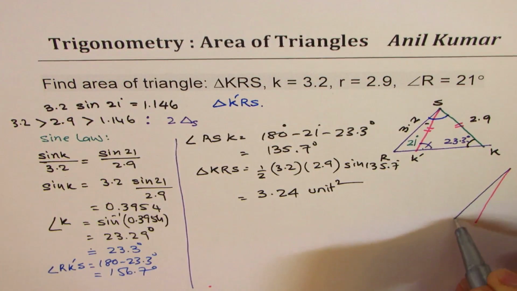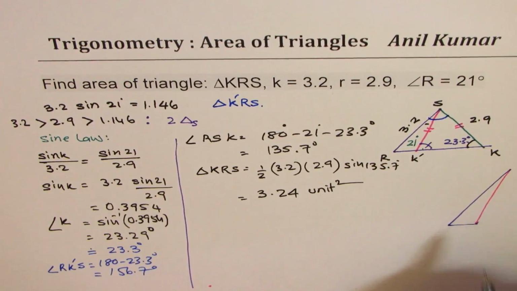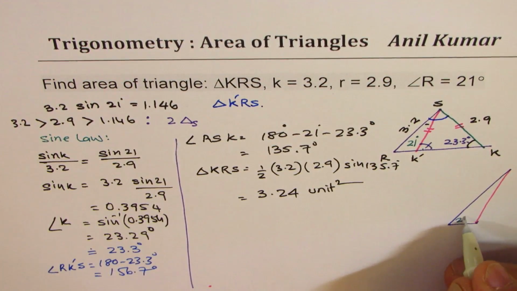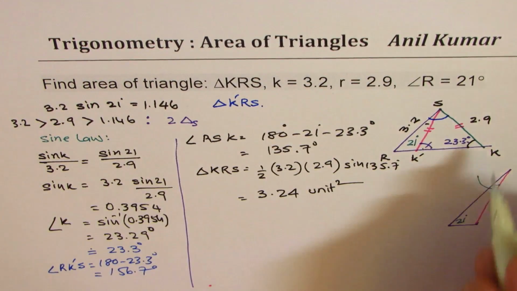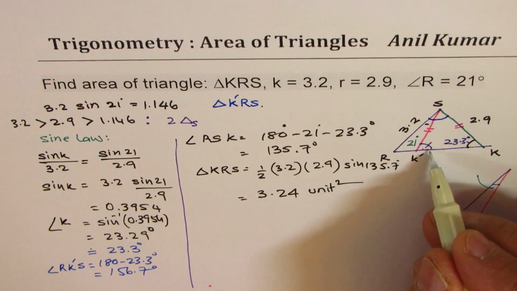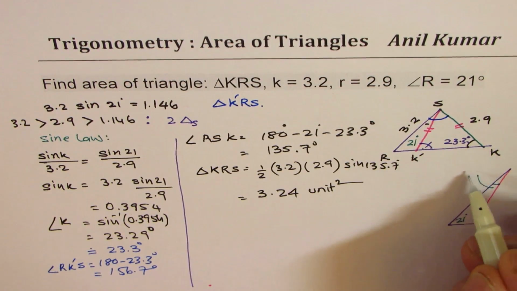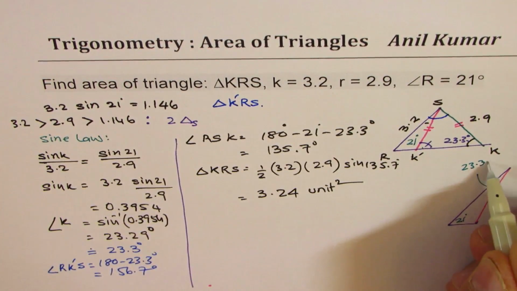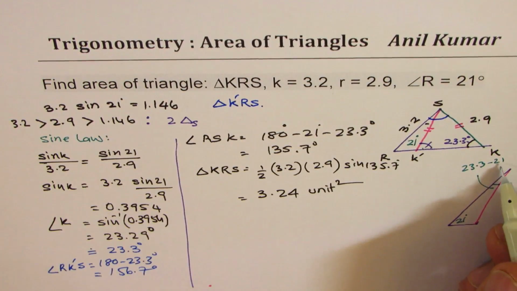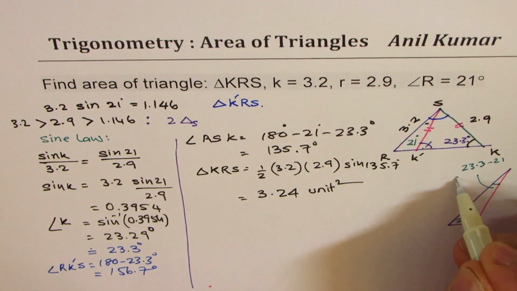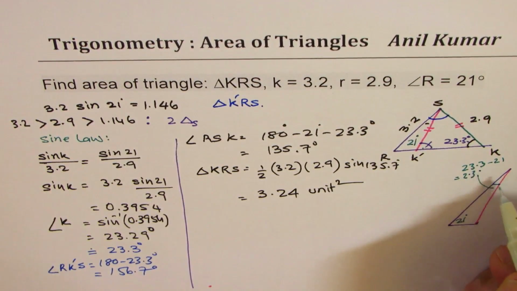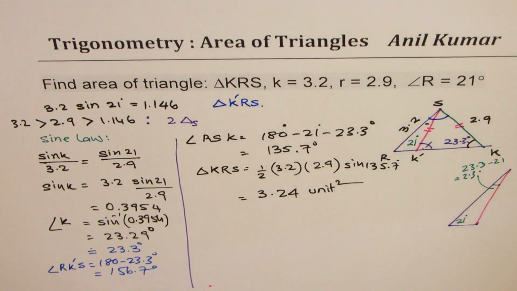In this triangle, we know this angle is 21, and because here we have 23.3, it is 23.3 minus 21, correct? So minus 21, that is 2.3, so it is just 2.3, correct? You could do it like this, or 180 minus.